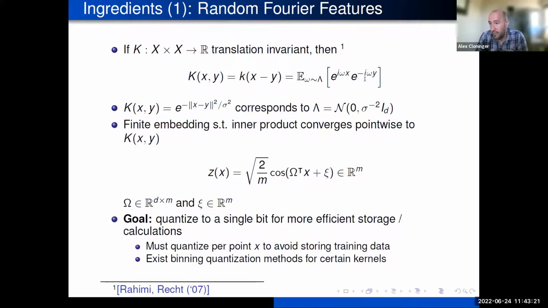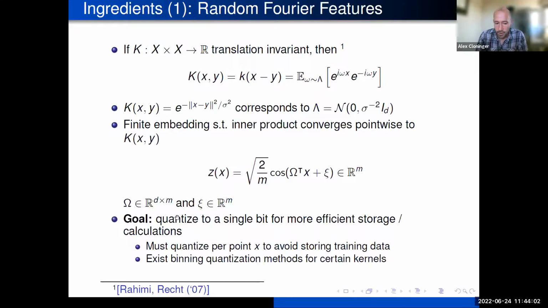By random Fourier, I mean you sample random weights w from a Gaussian and take e to the iwx, which gives you a huge vector, one entry for each w. And then you can get a finite embedding. It doesn't have to be complex if you use cosines. So this would be some vector z, where you compute z of x and z of y. If you took their inner product, you get something that looks like a Gaussian.